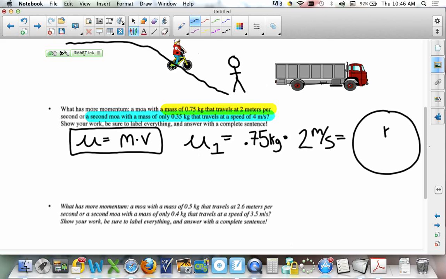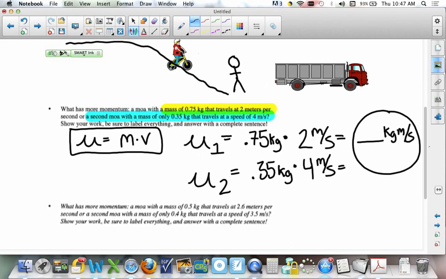And the units are kilograms meters a second. And then you have your momentum 2 of the second MOA. Now this one's lighter, it's 0.35 kilograms, but it's traveling faster, so it's moving at 4 meters a second. So again, you find out what this one's going to be, and the answer is going to be in kilograms meters a second.